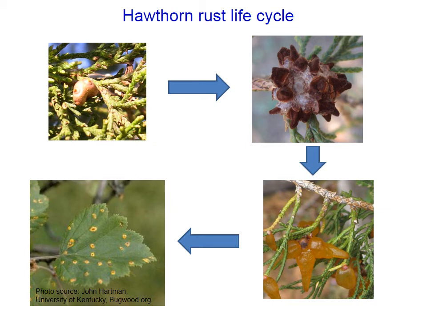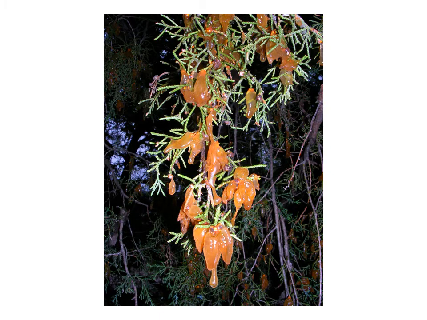Those teliospores produce basidiospores, which infect the hawthorn in this case. The infected hawthorn then produces aciospores. Those aciospores then go back and infect the juniper again. And those galls can be active for several years. Here is what hawthorn rust can look like during pretty wet conditions when they've started to get kind of gooey.